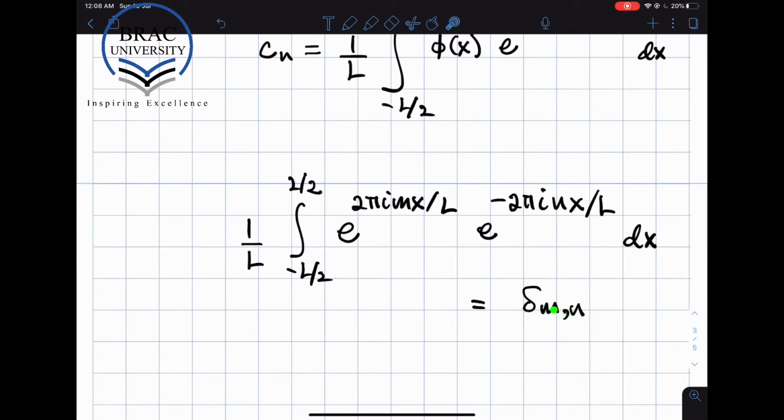That's how we get 1 when m equals n. But when m is not equal to n, what we get here is a phase, and we're integrating the phase over the whole circle. So essentially we get 0 because all the phases cancel each other out.